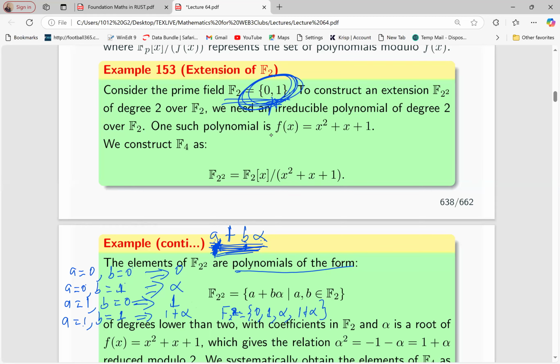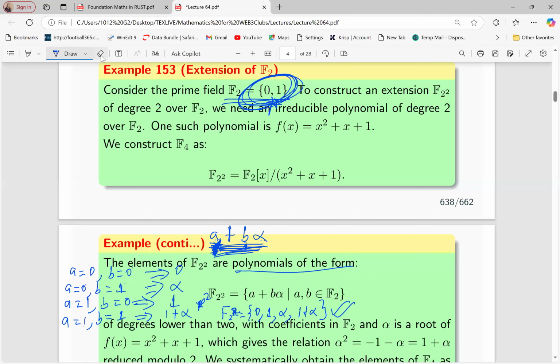You can see that we've obtained 4 elements. That's what we said: if you have p raised to 2, in this case our prime number is 2, then 2 raised to 2 gives 4 elements. What is important is how we obtain those elements.